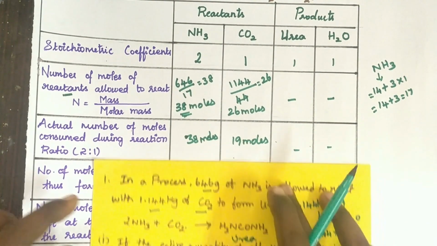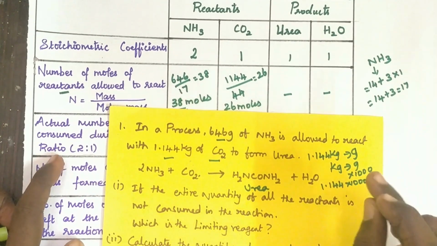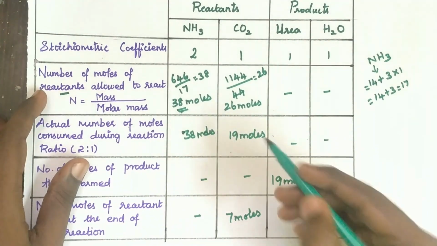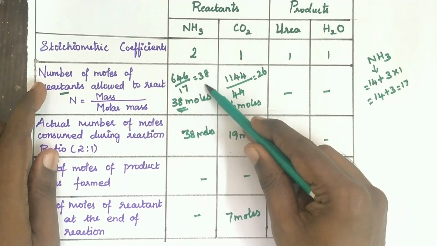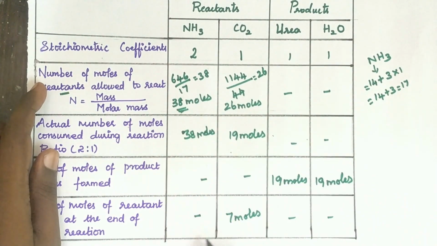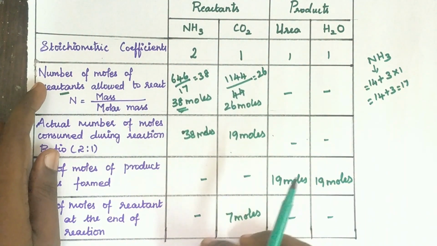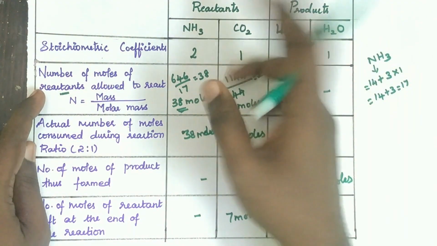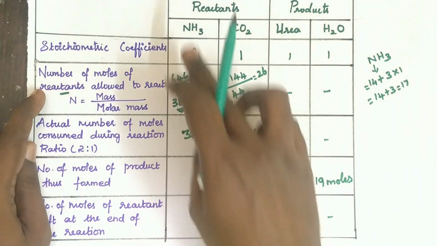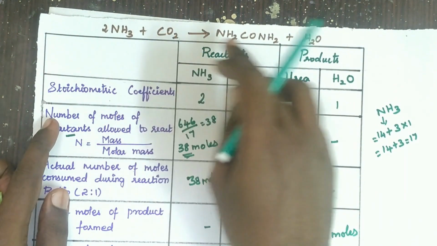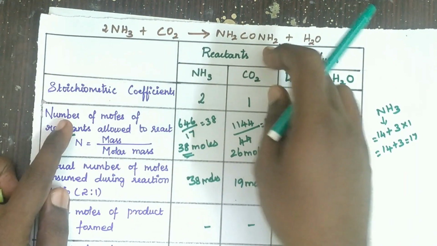I already said the limiting reagent is the one with the smallest amount, which is completely consumed during the reaction. Here 38 minus 38 gives no value, which means there is no NH3 left. All the ammonia takes part in the reaction, or is consumed in the reaction.